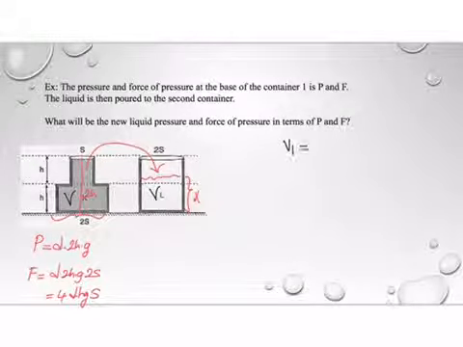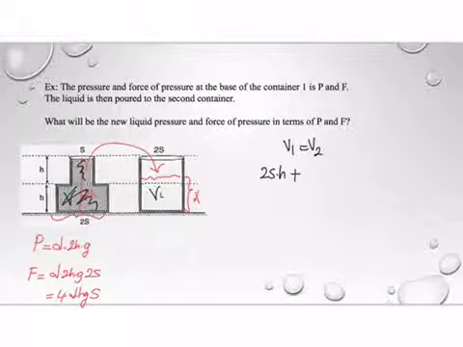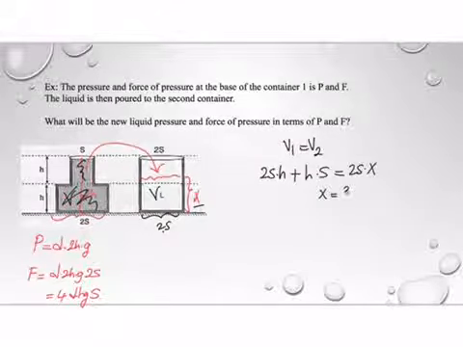So as the volumes are the same, I can say that this part, 2S times h, plus this part, h times S, should be equal to 2S times x. So the new depth is equal to 3h over 2.